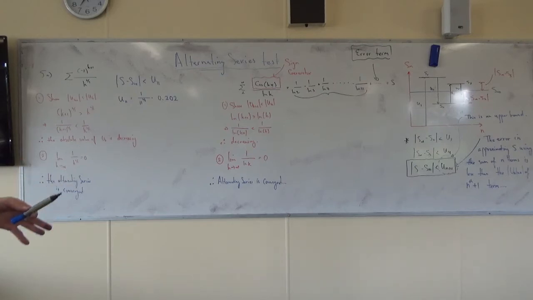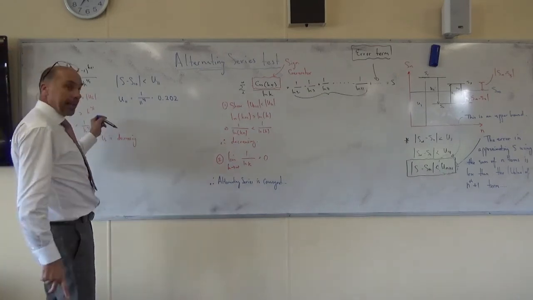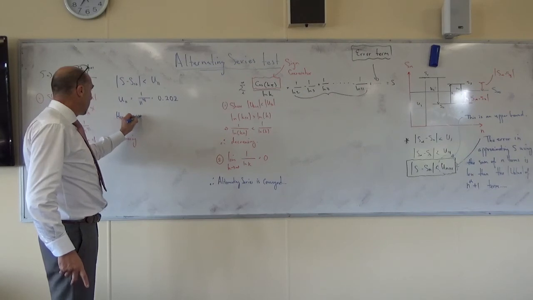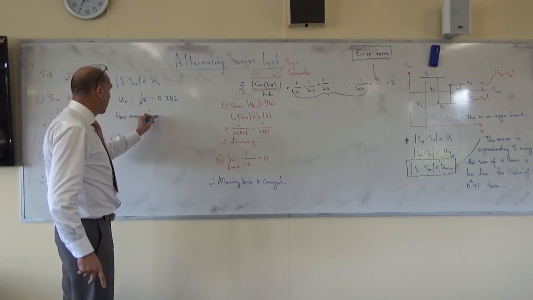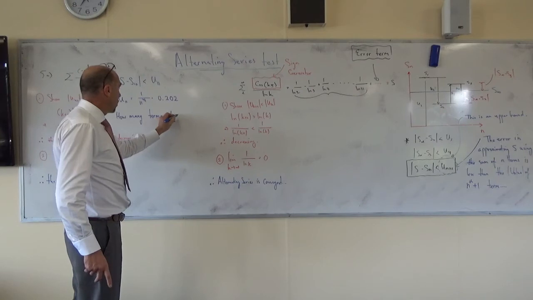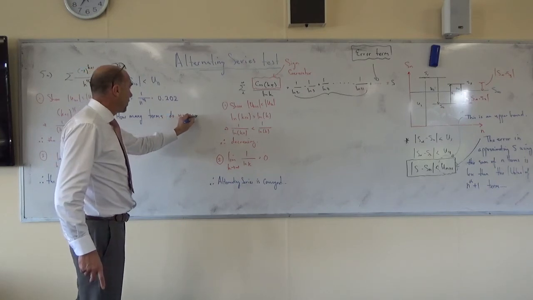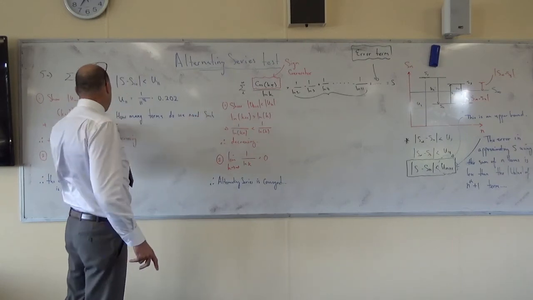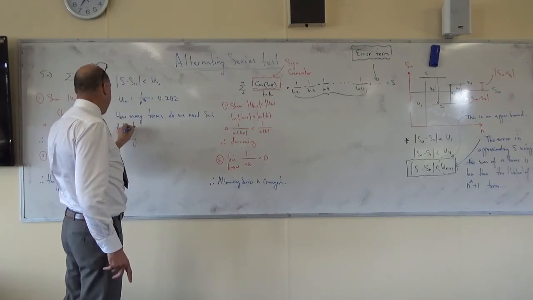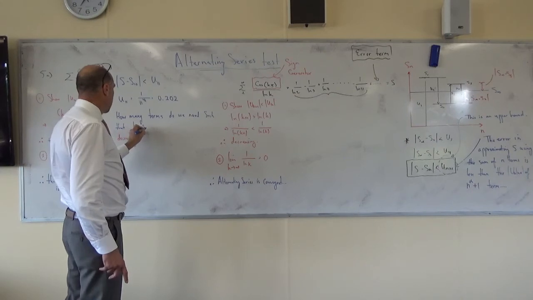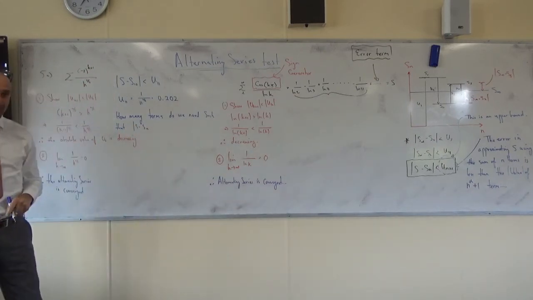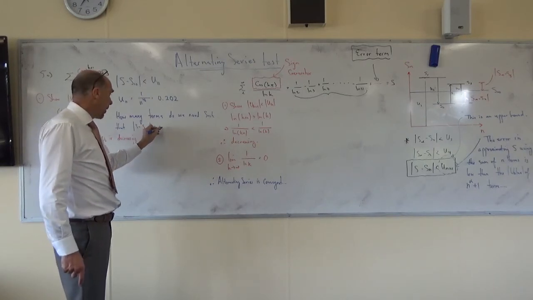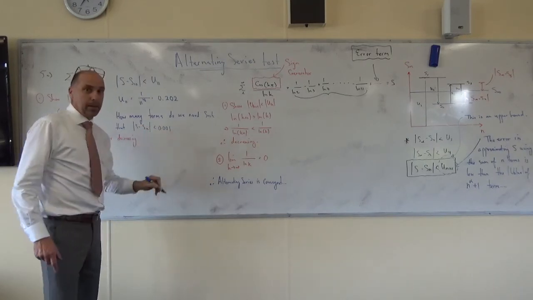Well, I don't know, we've got to guess. So the question I'm asking is this: how many terms do we need such that S minus S n, we've got to find what n is, don't we, is going to be less than 0.001?